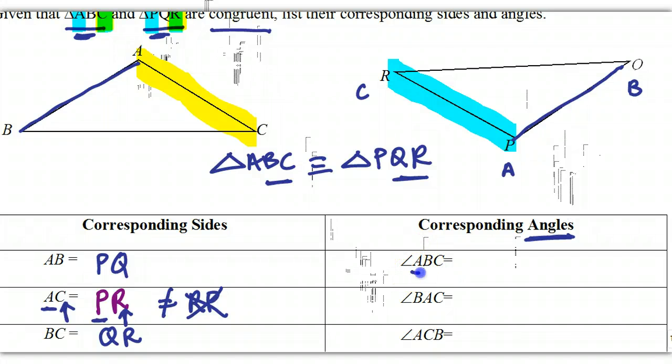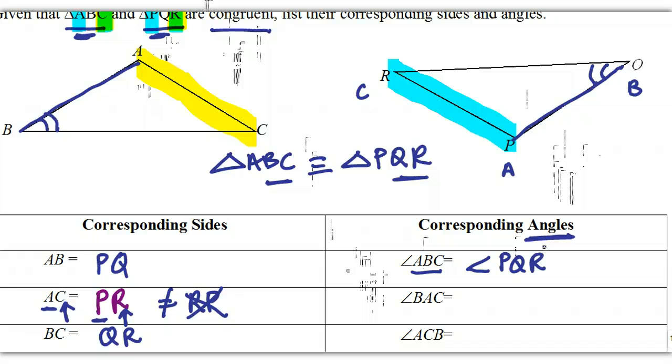So we are looking at the corresponding angle of triangle ABC, which is this angle over here. Now, if you look at this triangle ABC, we can just follow the order straight away. We know that this will correspond to angle PQR. Again, the order we write the letters is very important.